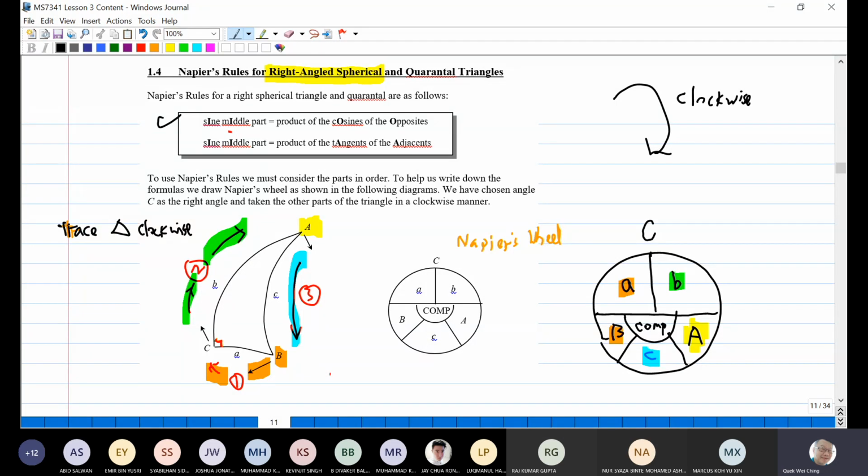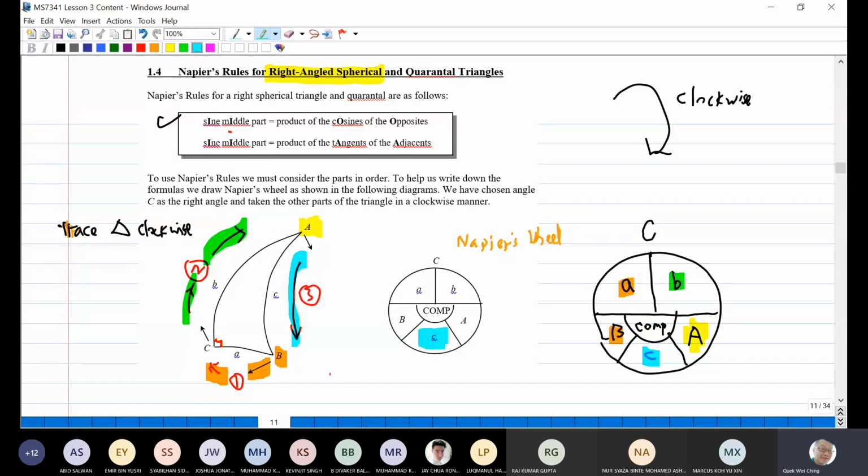So take for example, I'm going to use this. I use C as a middle part first. So let's say I call this the middle part here.